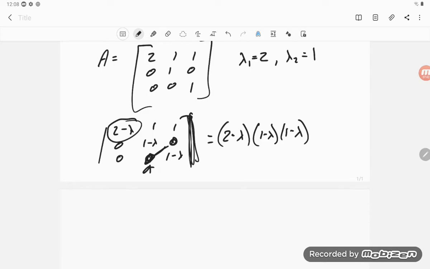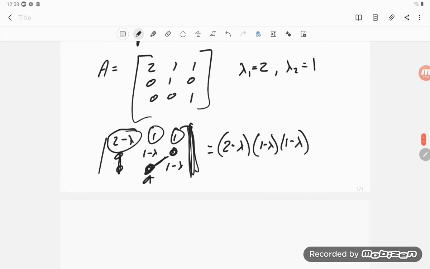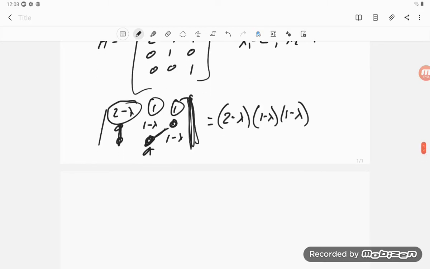And so that's 0. Now when I move to this element, notice I'll get 2 zeros here. When I move to this element, I'll still have those 2 zeros there for that determinant. And if you did an induction and went up in size, you would see that this is our characteristic polynomial.